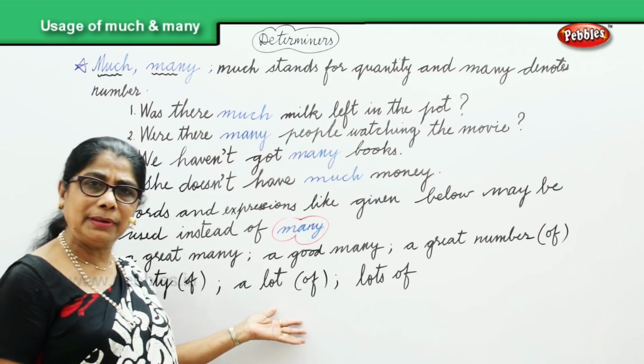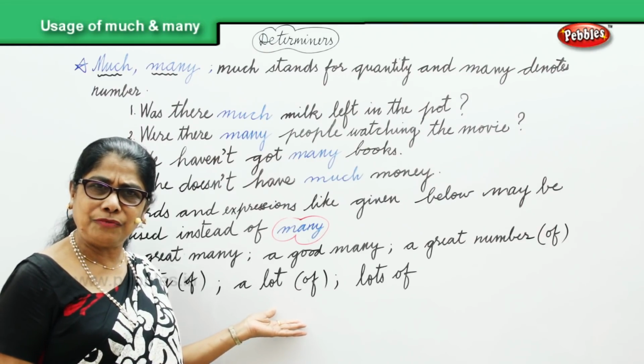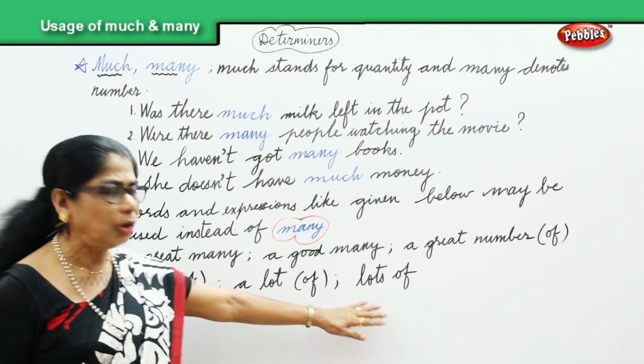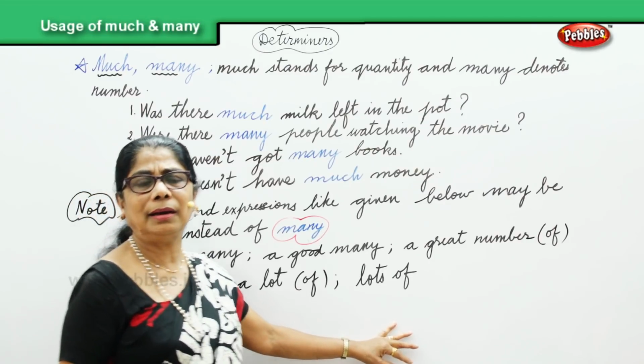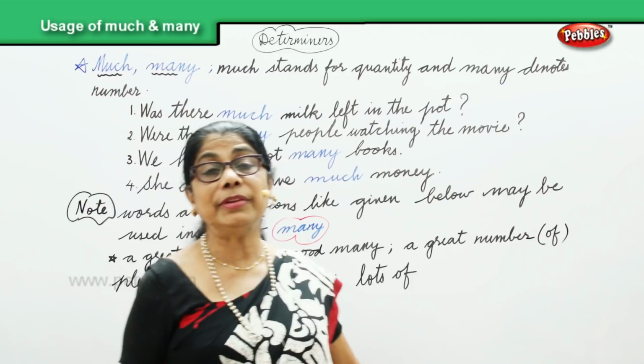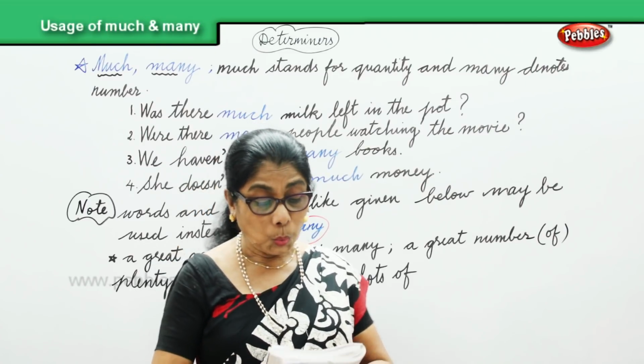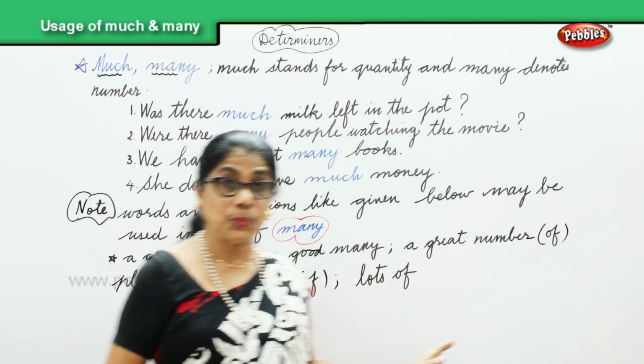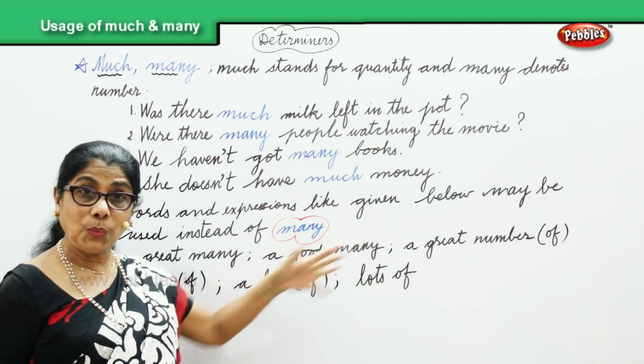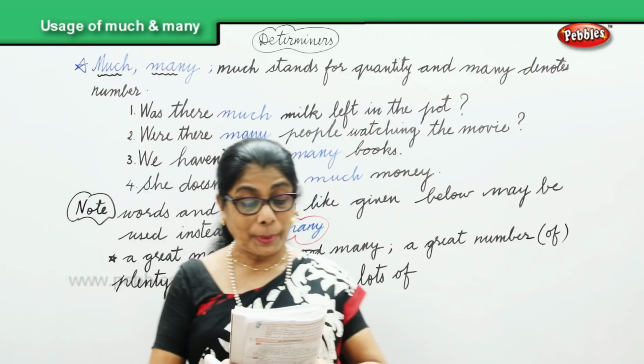A lot of people said they never liked the food. Lots of work was given to small children. So, instead of many, we can use these expressions.